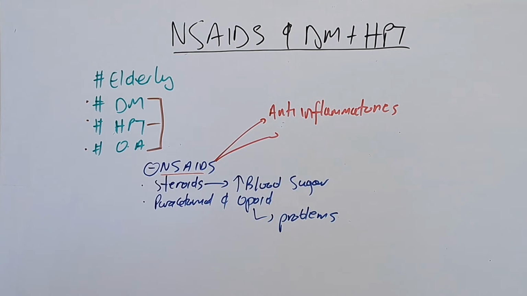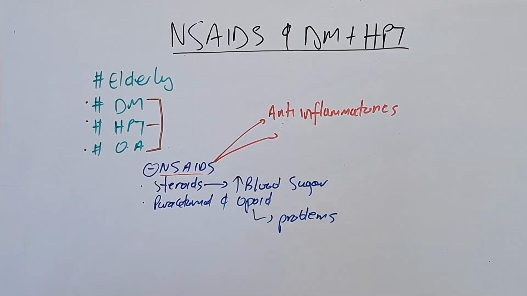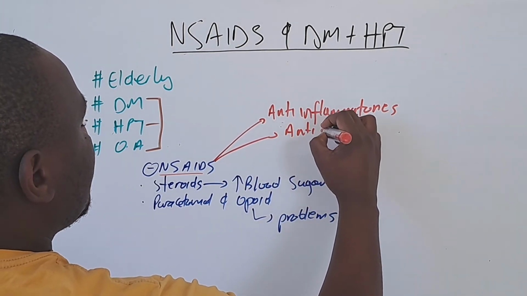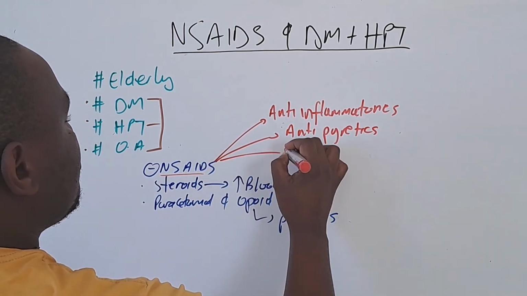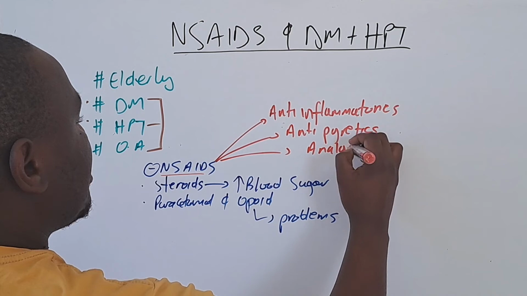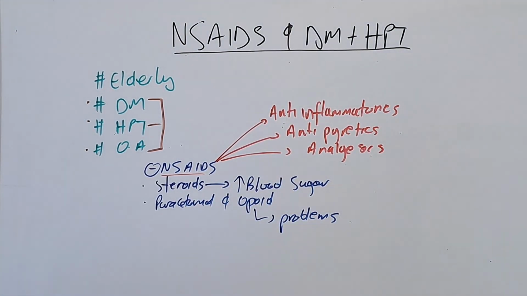But if you go to places that are very academic, you will know that it's no longer done. But anyway, anti-inflammatories, they are also antipyretics. They are also good analgesics. This is why we want to give them.